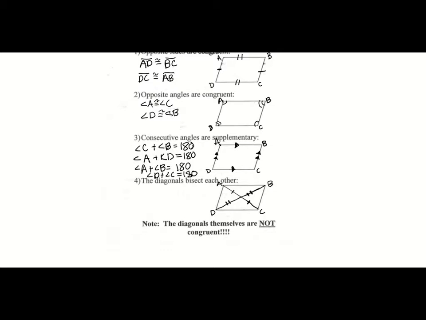So we can say that AM, we'll call this point here M, our midpoint, is congruent to MC, and DM is congruent to MB.